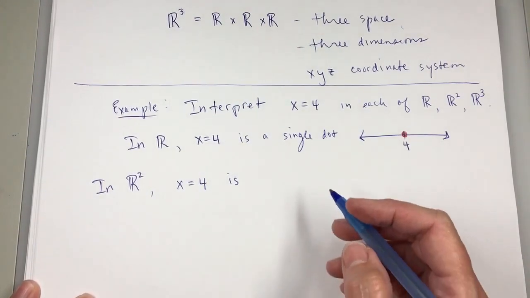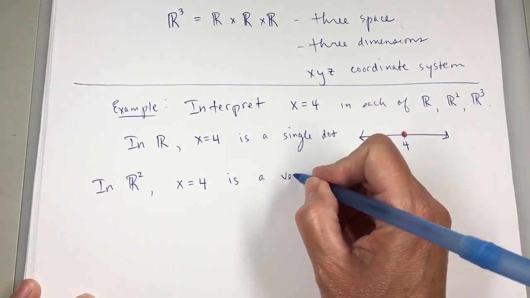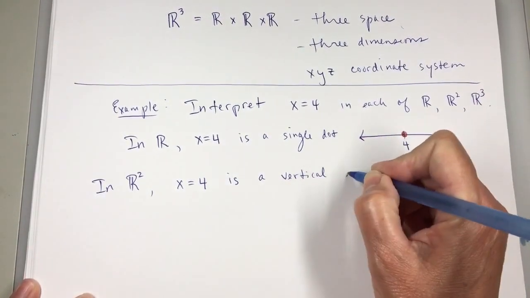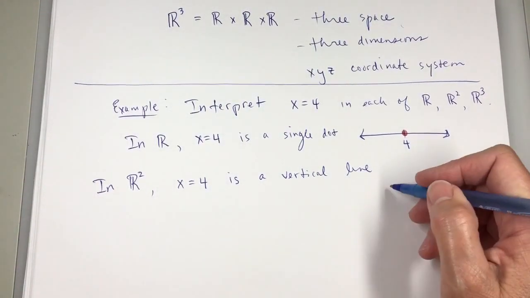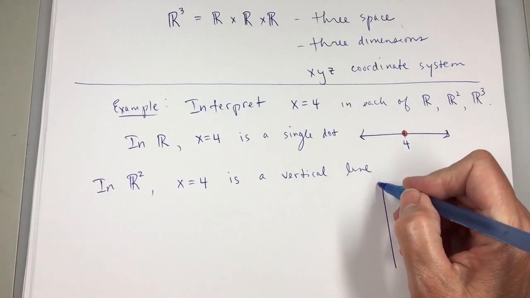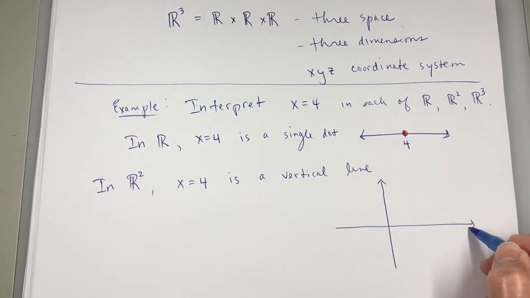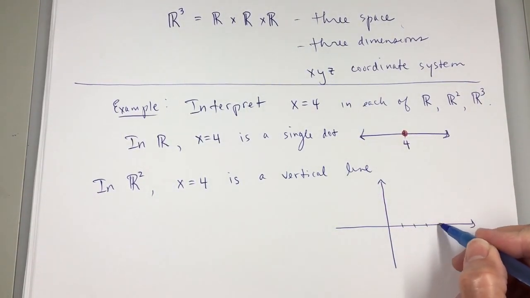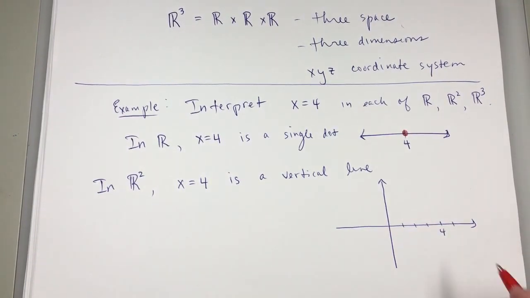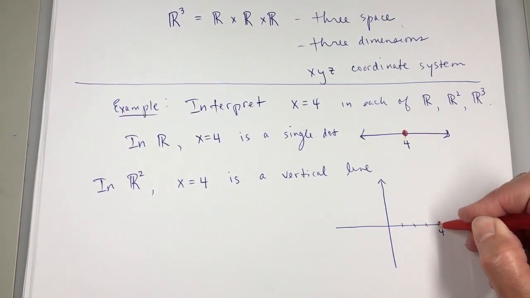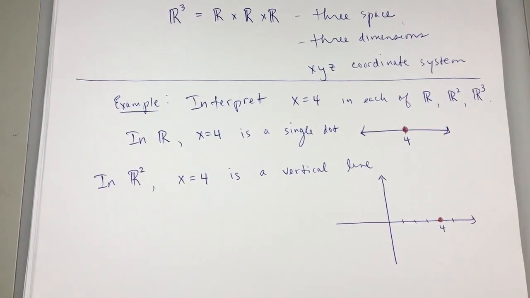It's a line. It is a vertical line. And I remember a lot of students putting on the test, here's my y-axis, here's the x-axis, 1, 2, 3, 4, okay. And I had a lot of students give this for the answer. It's like, wait, that's not right.